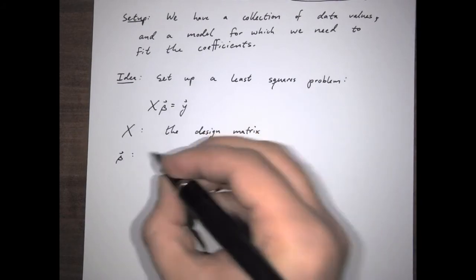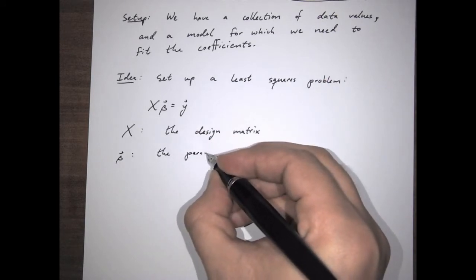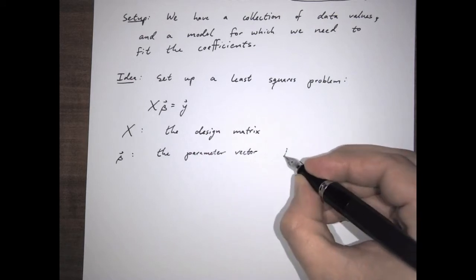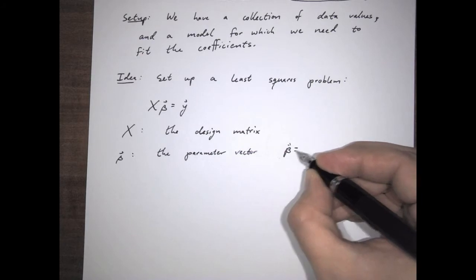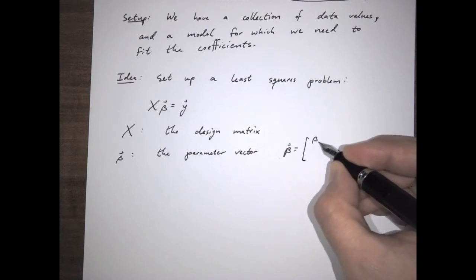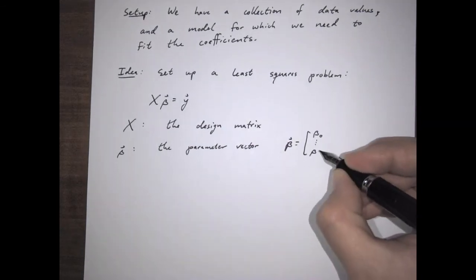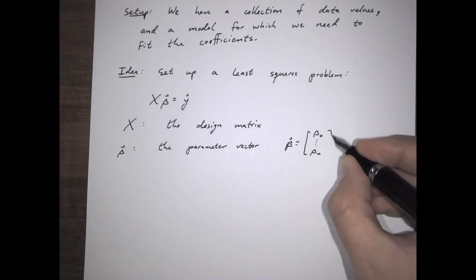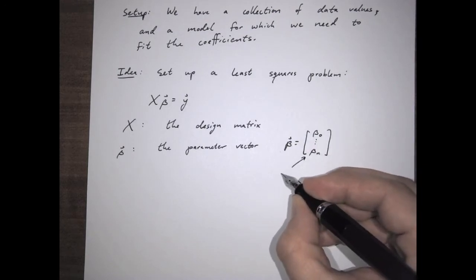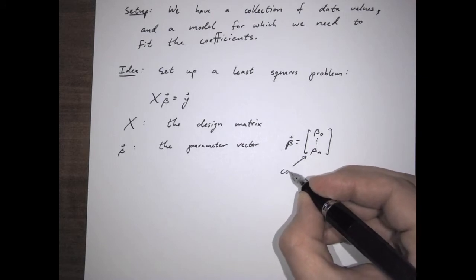Beta is called the parameter vector. And this one we can already set up, so it's equal to beta naught up to beta n, where these are the missing coefficients that we know that we need, but we don't know the values of. So these are the coefficients in the model.